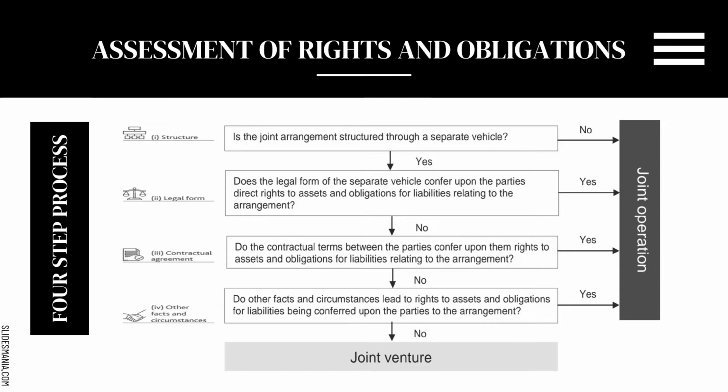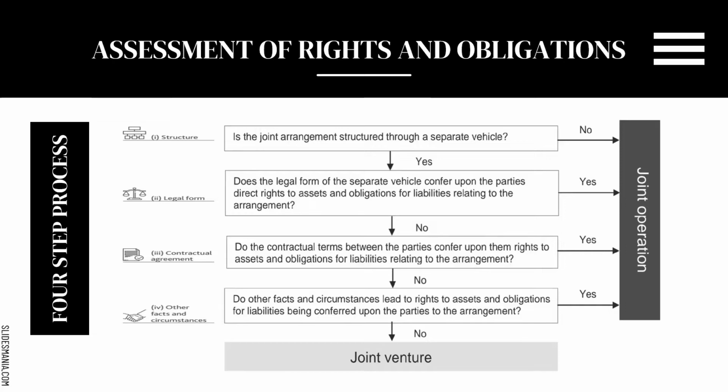That is a separate vehicle. Pag di siya separate vehicle, automatically joint operation siya. Pero kapag separate vehicle siya, tignan mo na yung legal form, term of agreement, and other facts and circumstances.